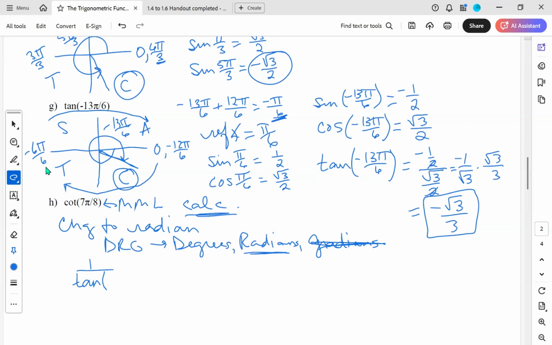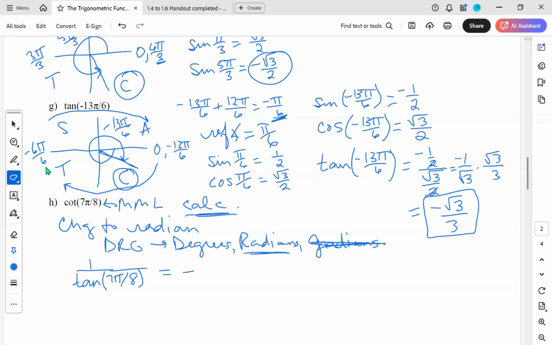I hadn't used a calculator for trig in a long time. Yeah, it does pop up a parenthesis. And then do 7 pi divided by 8, close parenthesis.